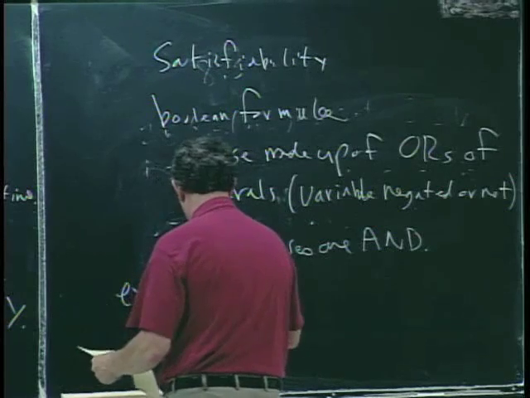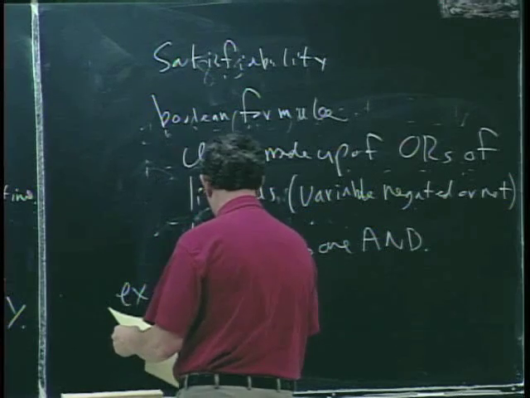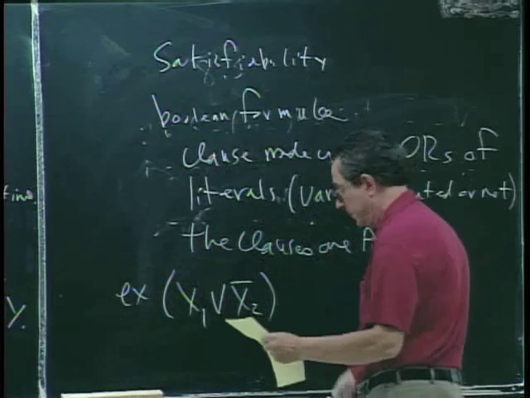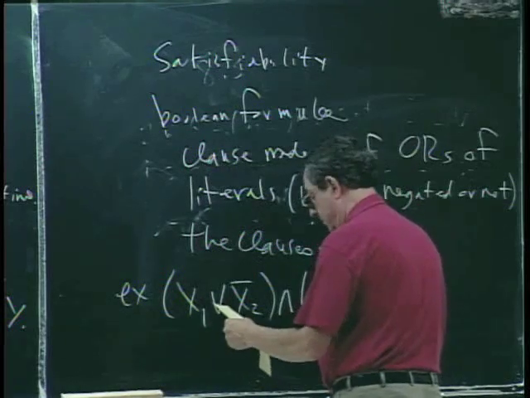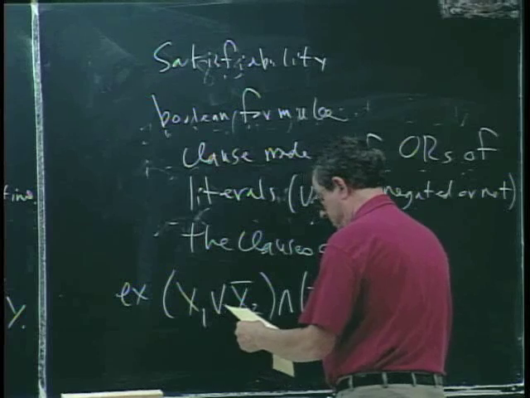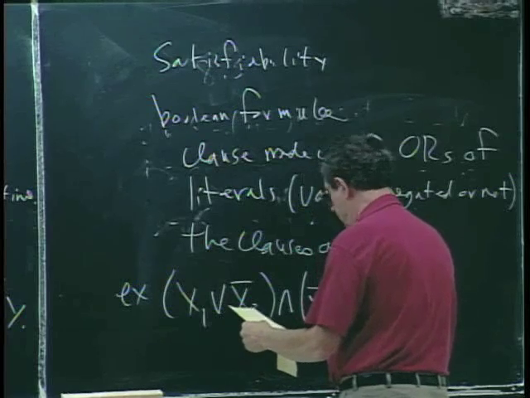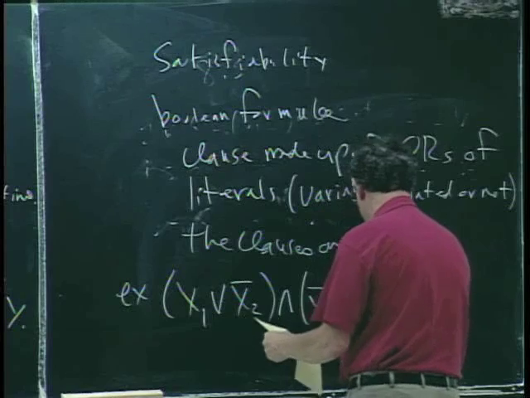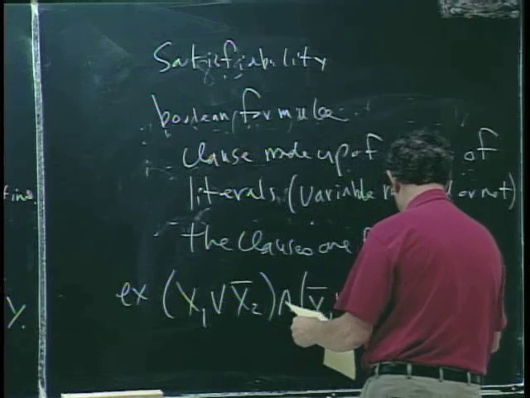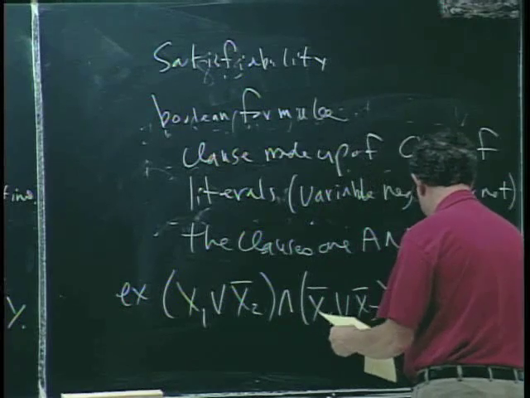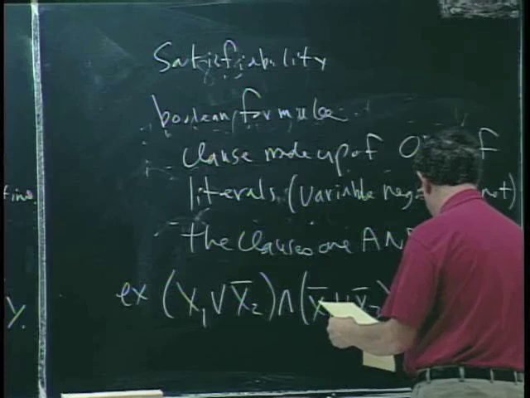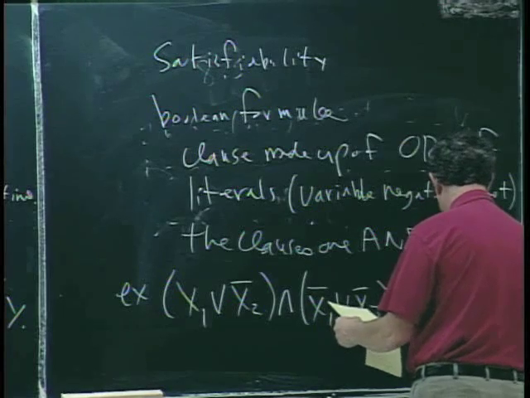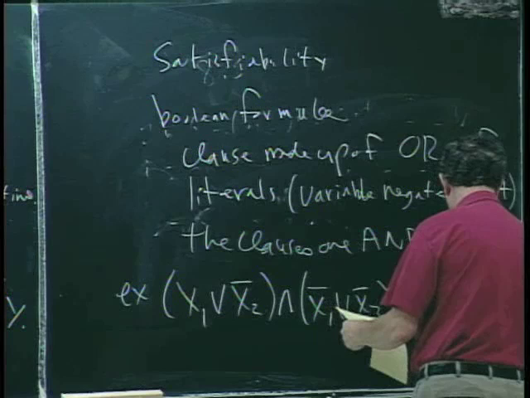x1 or x2 not, the bar over it is the negation sign, and x1 not or x3, and let's do one that has more than two literals, x1 or x2 or x3 not.